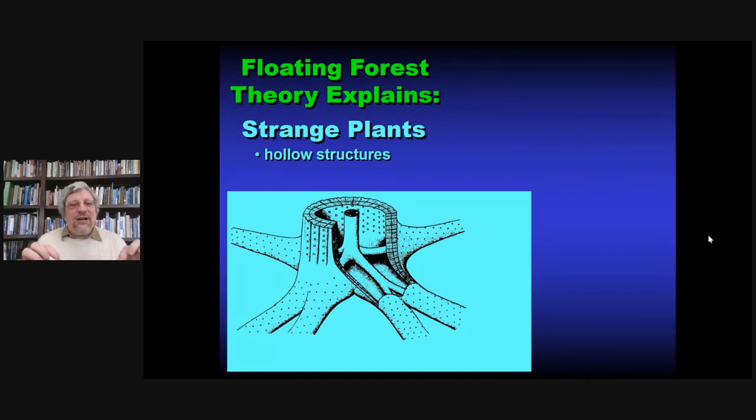What's interesting about these is not just one type of plant, but just about all the types of plants are hollow. They're not roots, they're called rhizoids, but these root-like structures, these structures that look like roots, are also hollow.